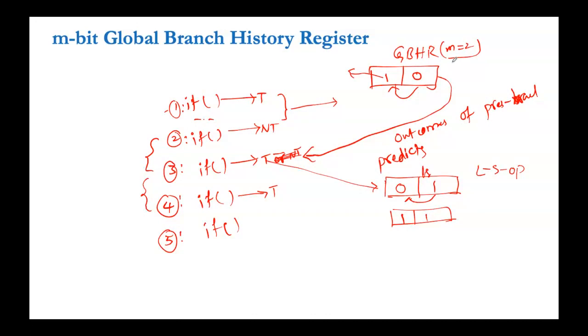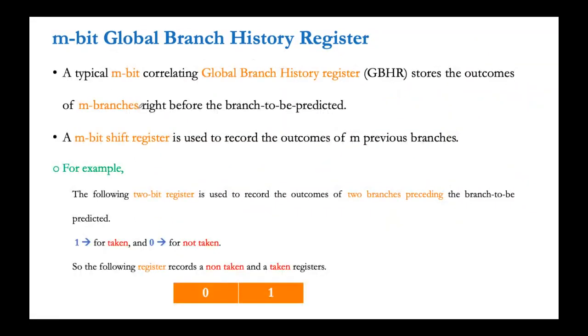Second, once the prediction is done, the global branch history register will be updated by performing the left shift operation, to maintain accurate data in this register. That is a typical m-bit correlating predictor, where the GBHR stores the outcomes of m branches.